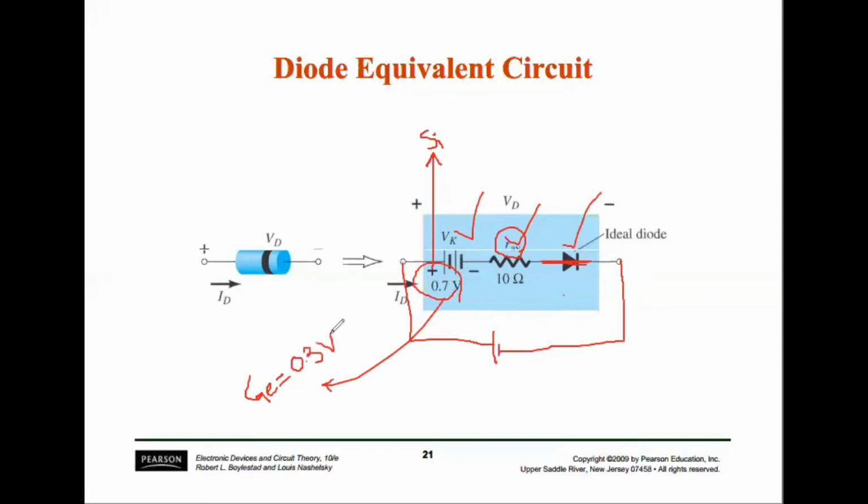So this is the diode equivalent model, because every diode has a resistance, every diode has some voltage drop related with that diode, and by applying the ideal diode here, we can map any diode in its equivalent circuit. Let's move on.